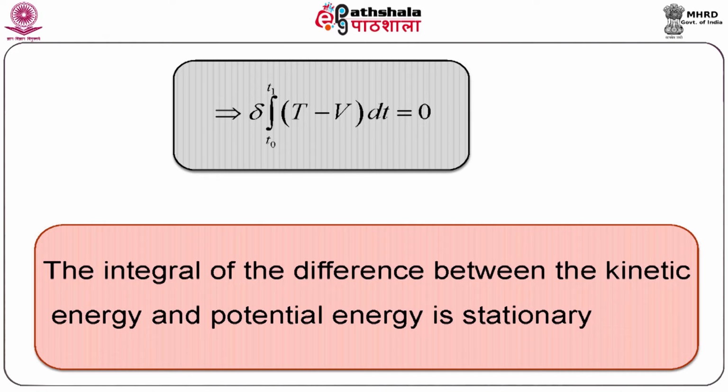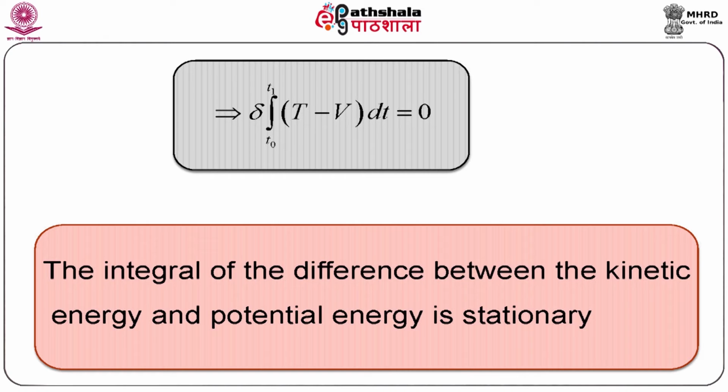or delta ∫ from t0 to t1 of (T − V) dt = 0, since in a holonomic dynamical system the Lagrangian L is replaced by the difference of kinetic energy and potential energy.